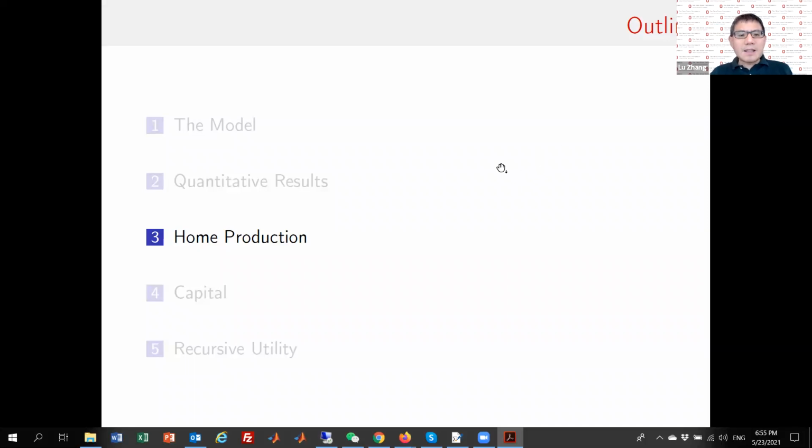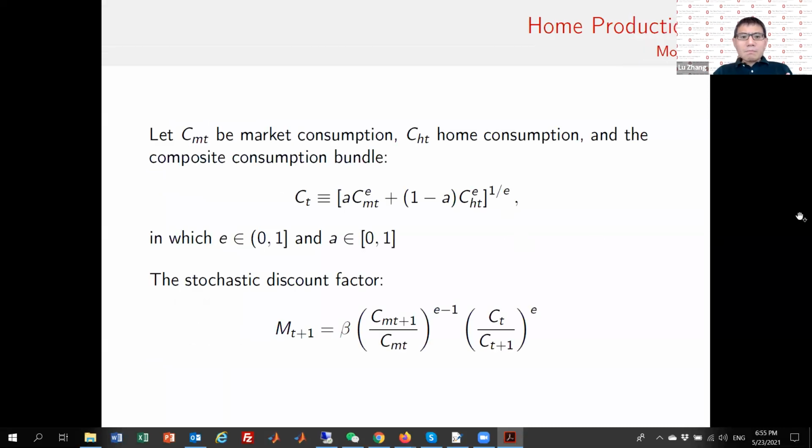So in the paper, we included the home production extension, capital, as well as recursive utility. All right, so home production. Here we again follow the existing literature on home production. The detailed references are in the paper.